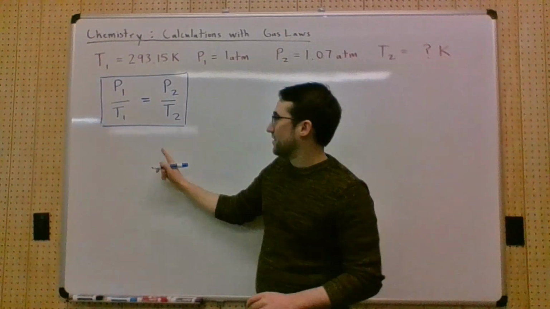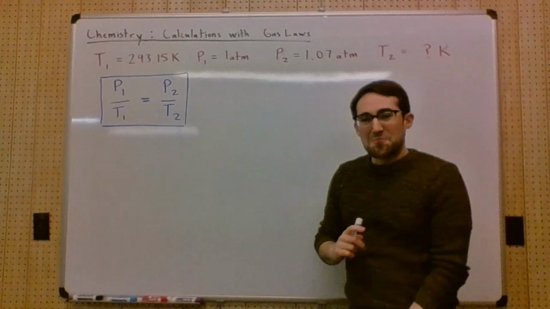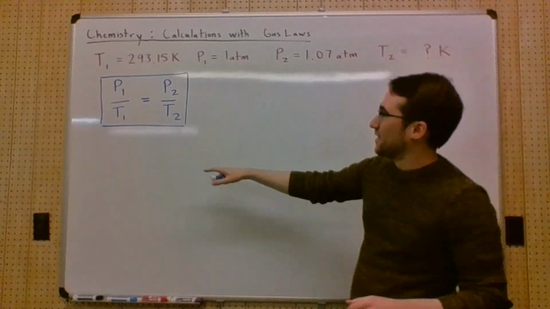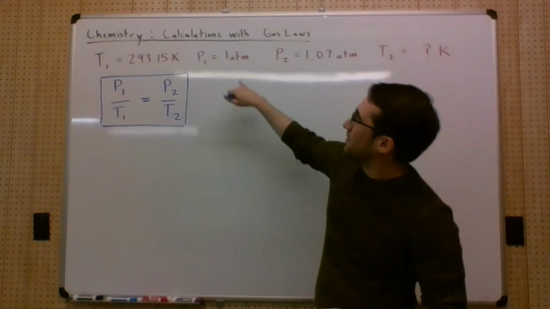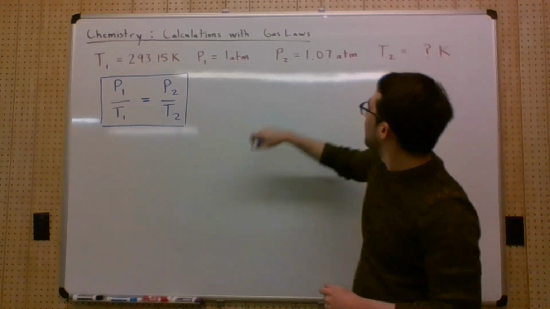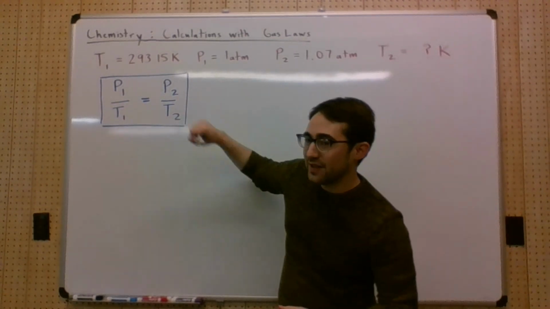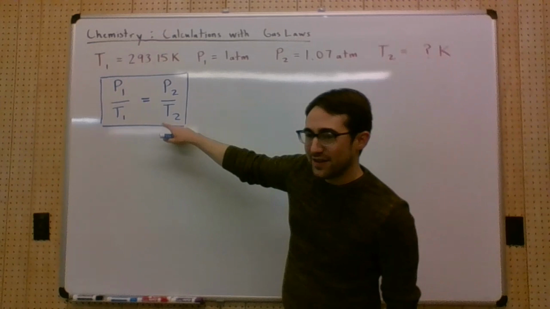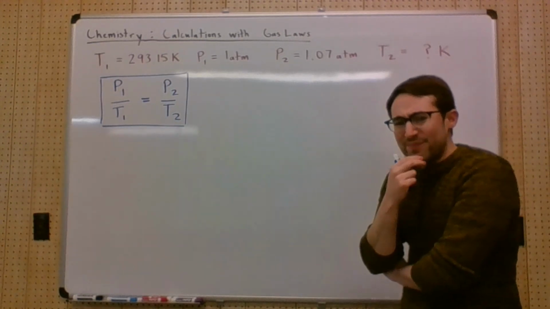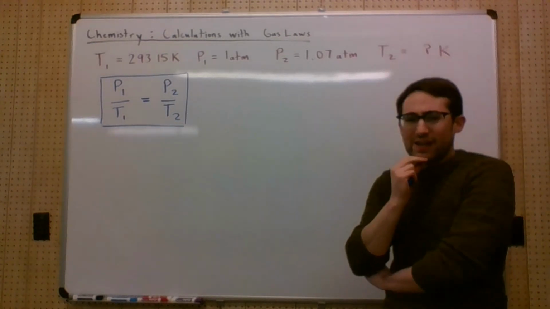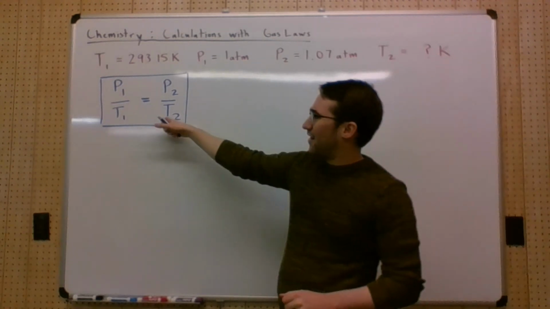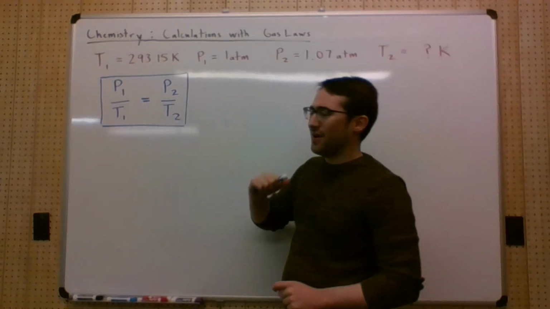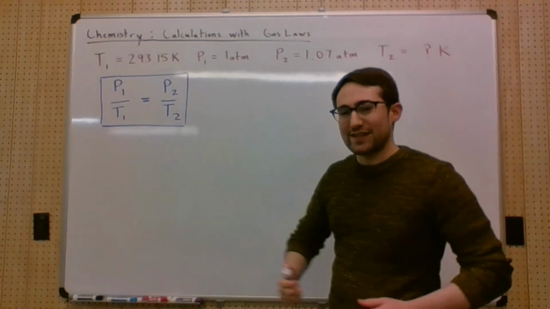Okay, so this is Gay-Lussac's law. The stuff I have to plug in is my original temperature, my original pressure, and the new pressure inside here. I want to solve for this new temperature, which is going to be a little tricky because it's on the bottom here. So let's plug everything in and see where that takes us.